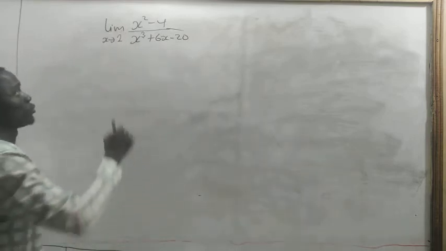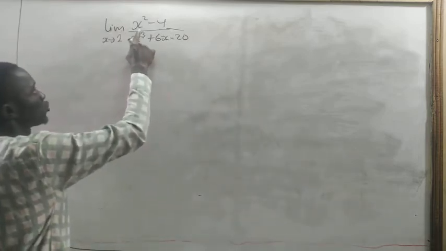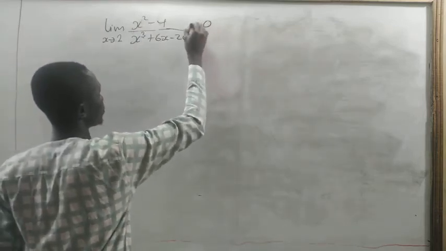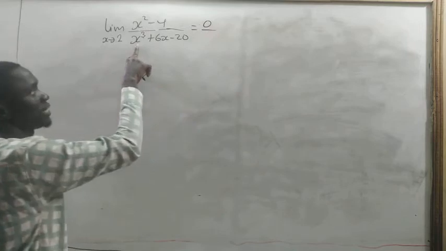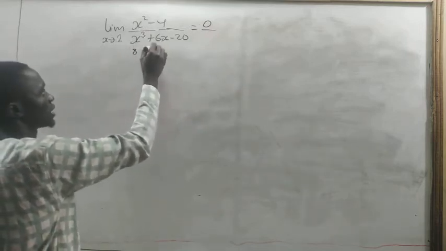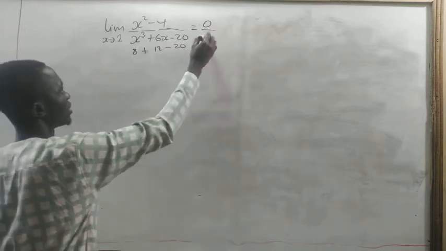Okay, so let's put in direct substitution. 2 squared is 4, minus 4 is 0. 2 cubed is 8. 6 times 2 is 12, minus 20 is 0.